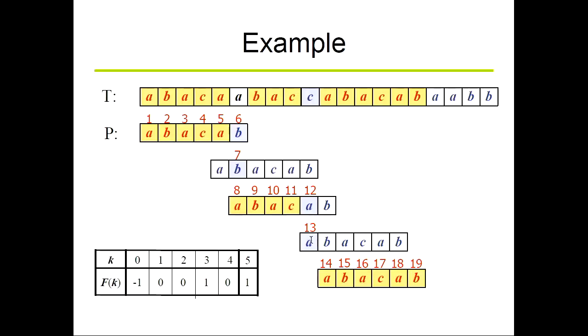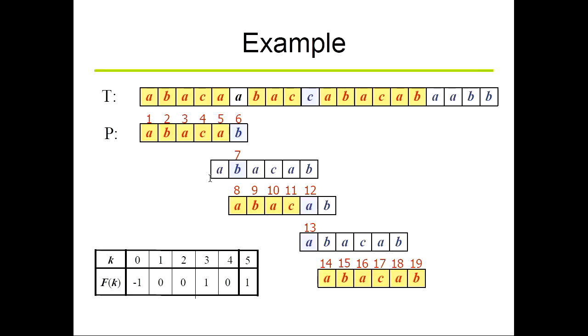Now, if you look at this, there's something funny. No matter how you skip, your comparison never goes backward. You always compare forward. If they have a common prefix and suffix, you do not need to compare again. If they don't have a common prefix and suffix, you don't even need to compare them, since it won't match.